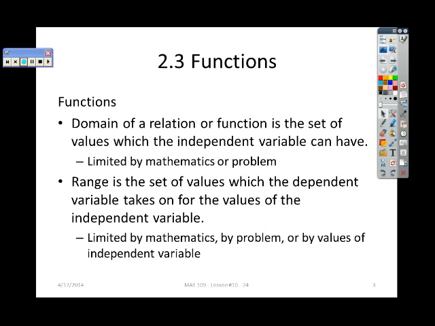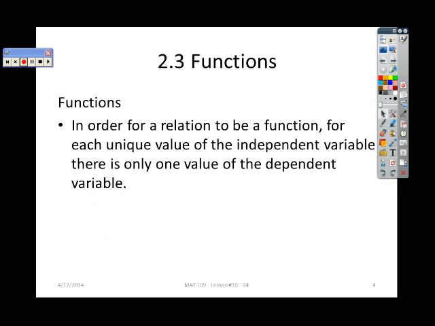The form can't be such that it would cause a division by 0. And you can't have an output that would give you something like a negative time. So you're limited both on the input and on the output. The output is limited in addition by what values are allowed to be put in.